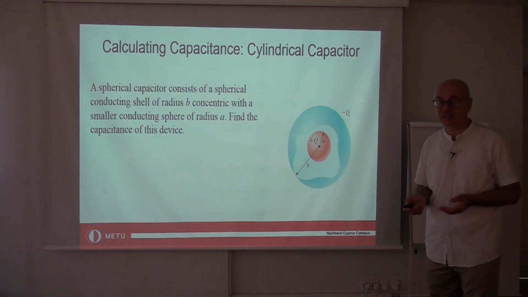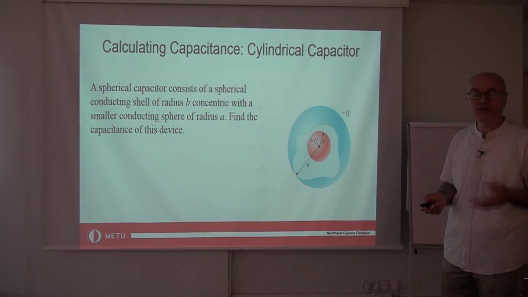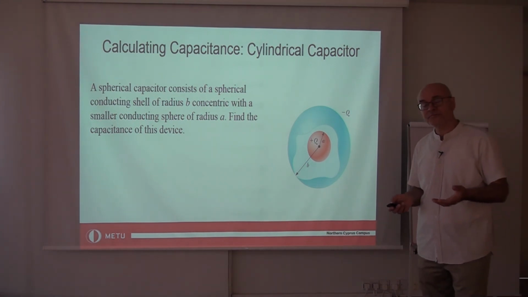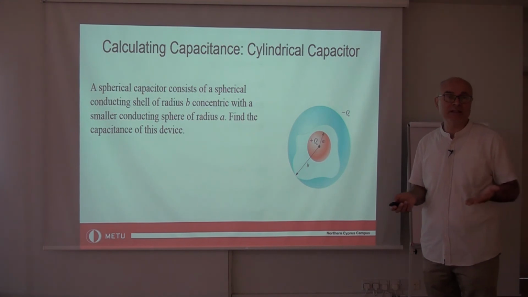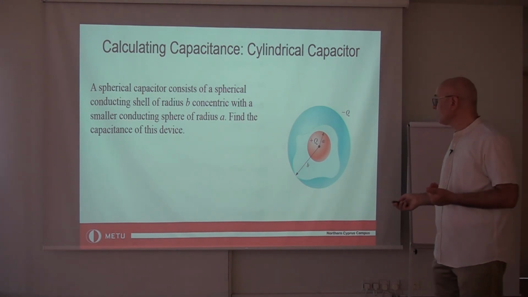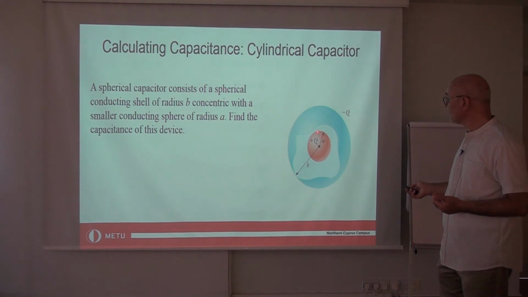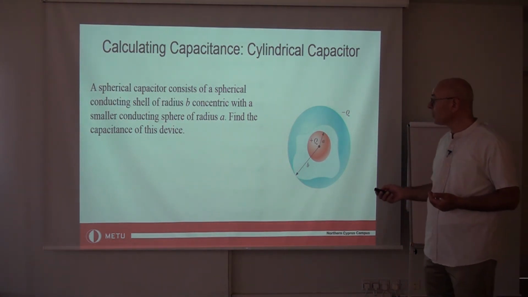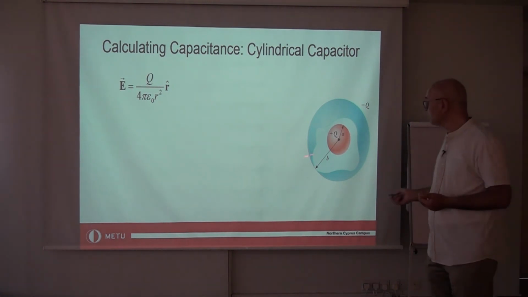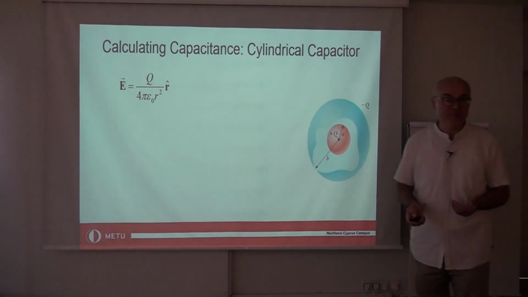Again, this is a good example of finding the electric potential in a region when we need the electric field from Gauss's law. Now, from the shell theorem, I know that the electric field outside this shell is actually that of a point charge, and so this is the electric field in the region between these two conductors.